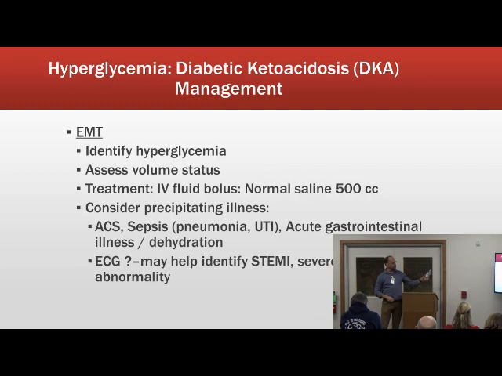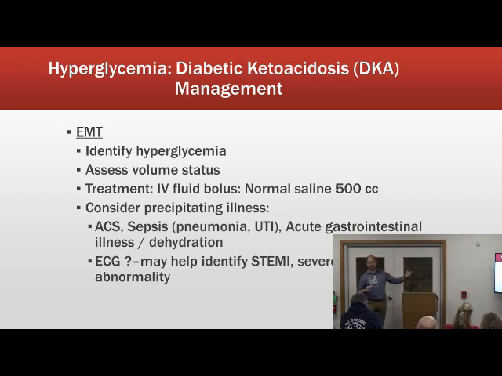The other thing you could think about is, is there a trigger that we might identify? So if they're complaining of chest pain and they're maybe 43 and they smoke and they've had diabetes since they were a kid, that's good information. Maybe you get an EKG. I wouldn't do the EKG if it's going to slow them down and they're sick and they got DKA. But that might be a trigger, right?